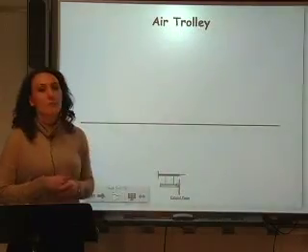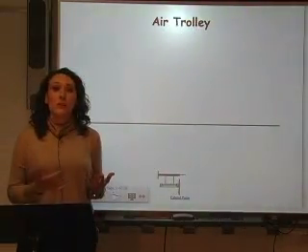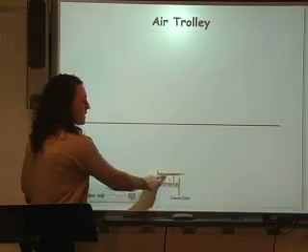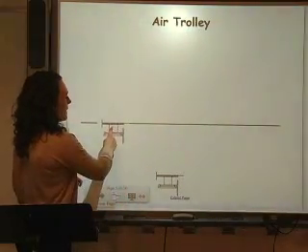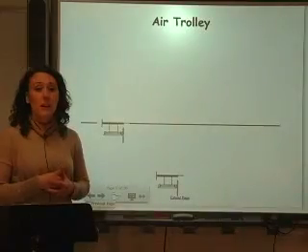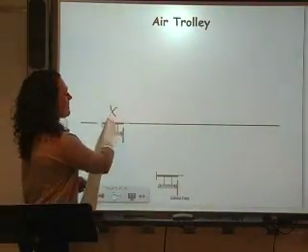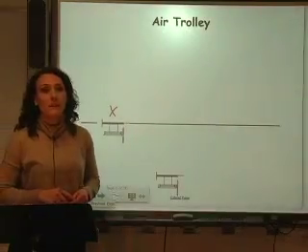This line represents the air trolley line. If we want to represent the motion we just saw, we can use an air trolley and place it on the line. This is where the air trolley started. To mark it with a symbol, we can put an X above the air trolley.